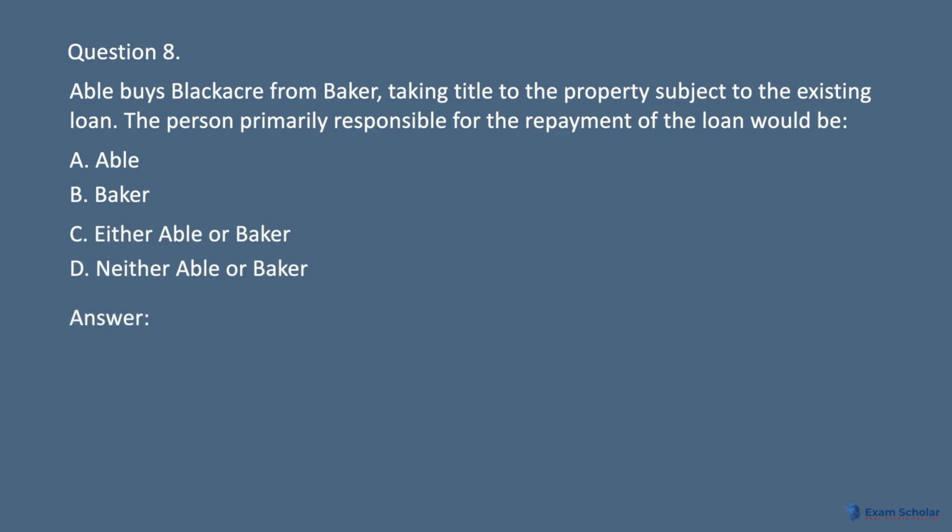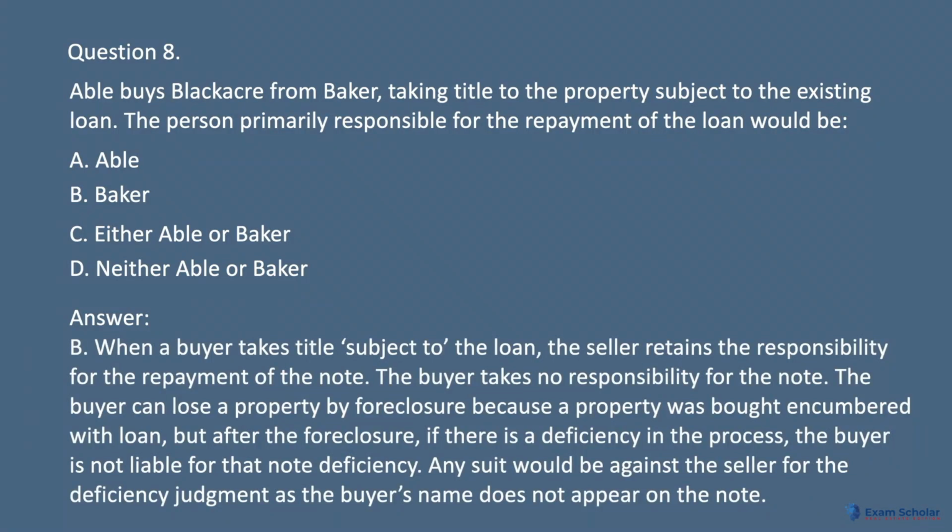Answer: B. When a buyer takes title subject to the loan, the seller retains the responsibility for the repayment of the note. The buyer takes no responsibility for the note. The buyer can lose a property by foreclosure because it was bought encumbered with a loan, but after the foreclosure, if there is a deficiency, the buyer is not liable for that note deficiency. Any suit would be against the seller for the deficiency judgment as the buyer's name does not appear on the note.